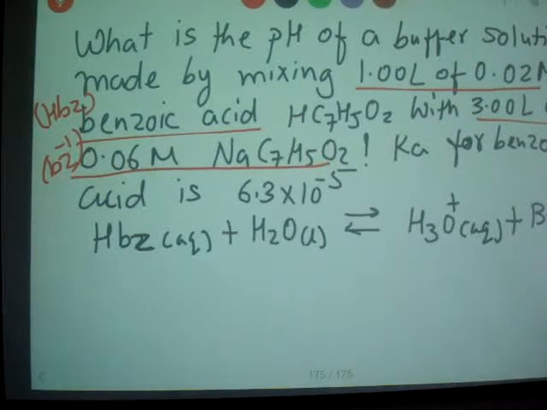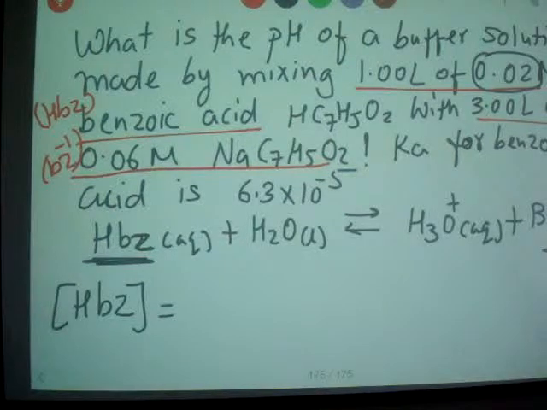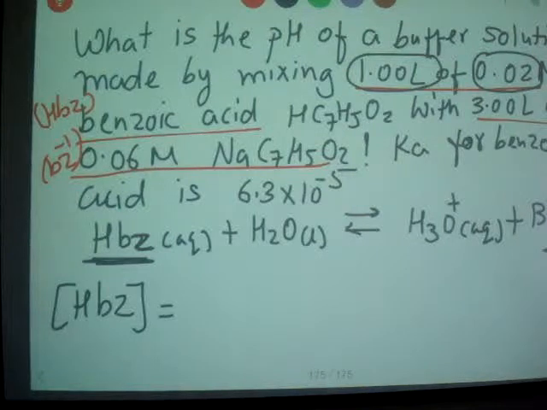Now we need to find the concentrations of benzoic acid and benzoate ion. That's the first thing we need to find. Now we know that for benzoic acid concentration, we have 0.02 molar and 1 liter. So we can find moles of benzoic acid, right?